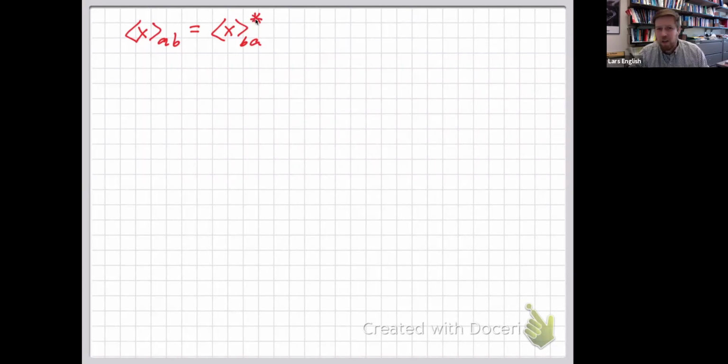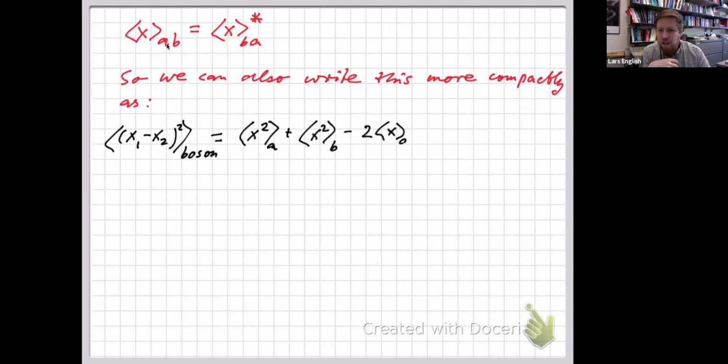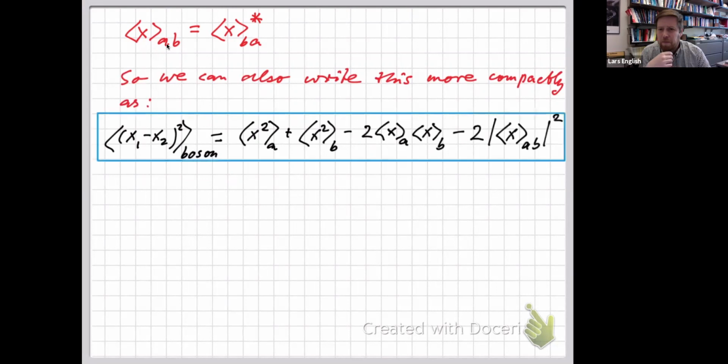I'm conjugating overall if I swap. Right? And so we can make use of that. That makes it easier to write the final results. Namely, we get that. Okay, so that is what we end up with for the bosons.